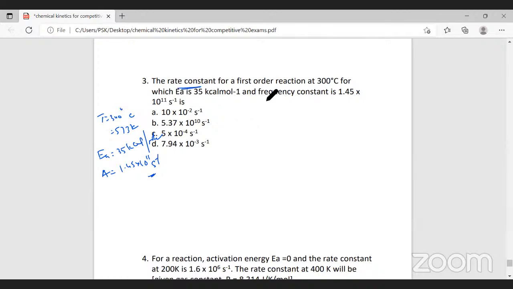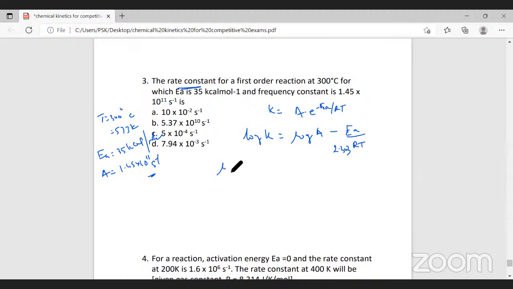So how do we calculate the rate constant? We know that K is equal to A into e to the power minus EA by RT. So if we take log K, that will be equal to log A minus EA by RT. Since we're talking about log, it will be 2.303 RT.